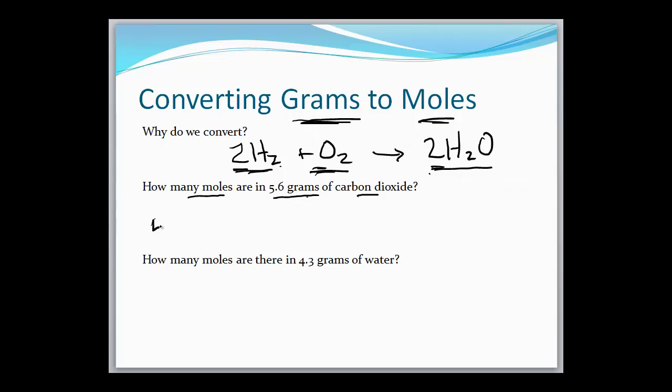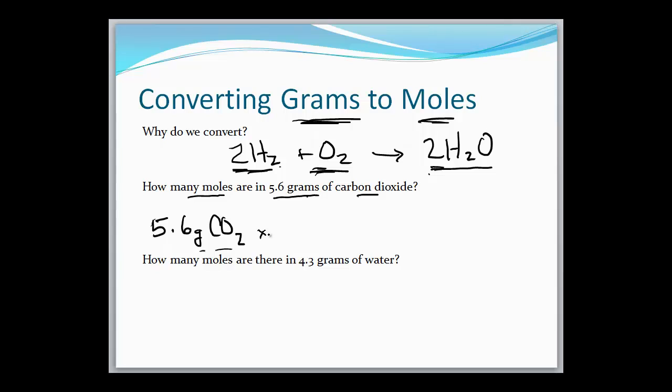So always start by writing the given information, 5.6 grams carbon dioxide. And you always want to write the unit and the formula of the compound you're working with, because as this gets more difficult, if you have that unit and formula, it'll keep your work more organized.